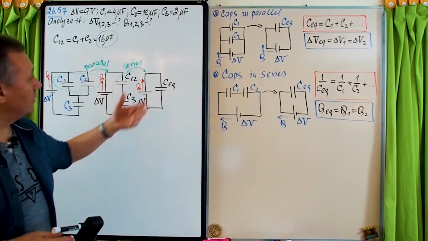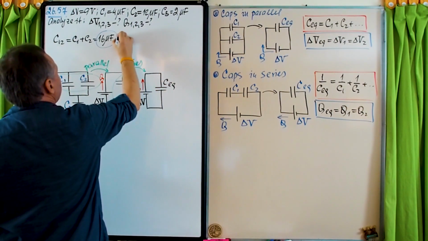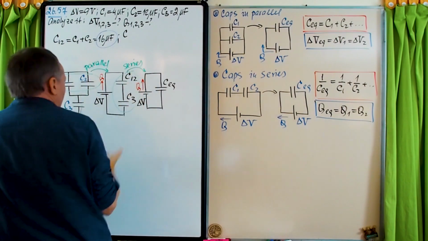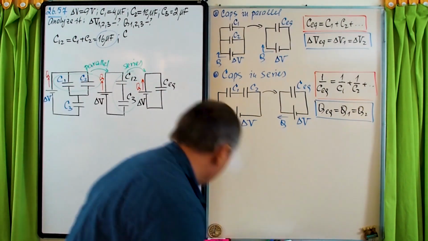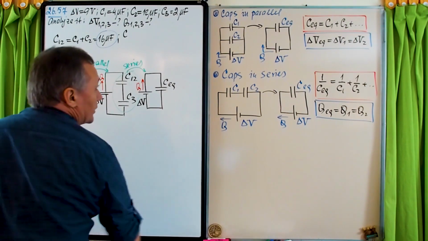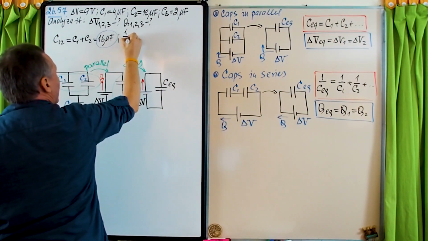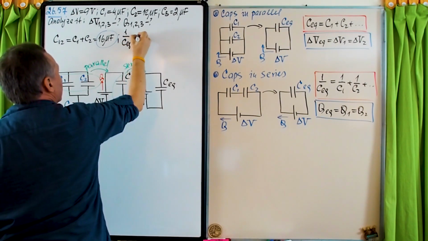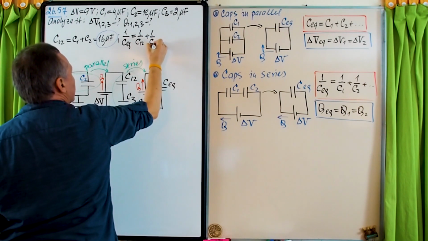Okay, and now we need to find the value of C equivalent. We need to use reciprocals. So 1 over C equivalent equals 1 over C12 plus 1 over C3.